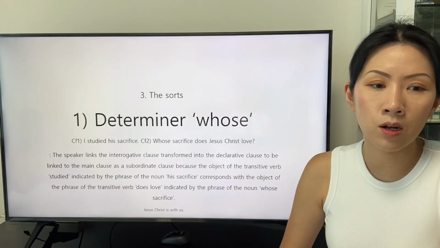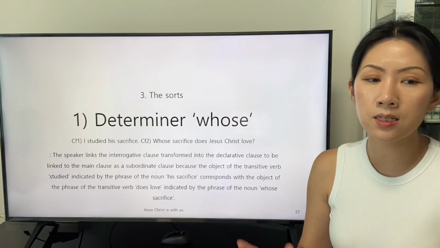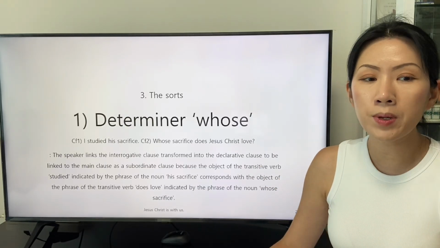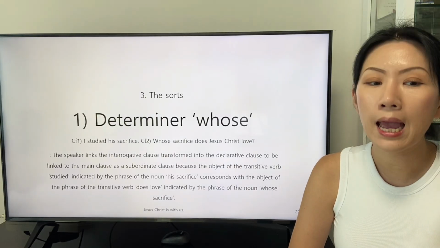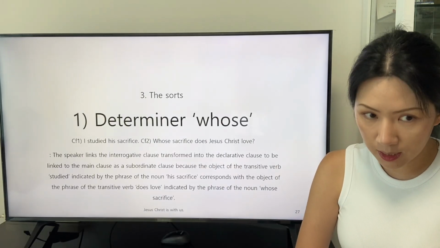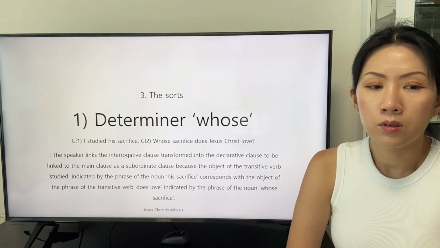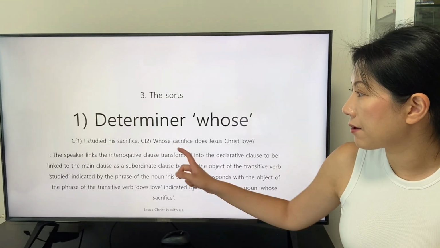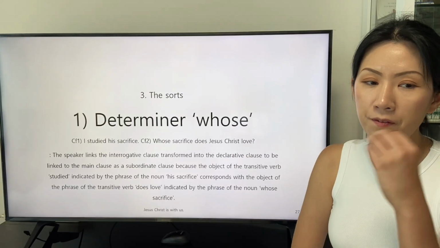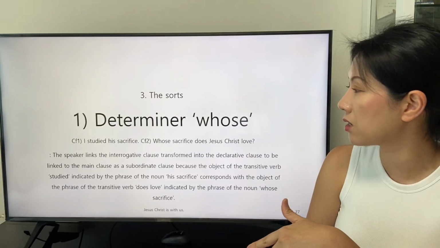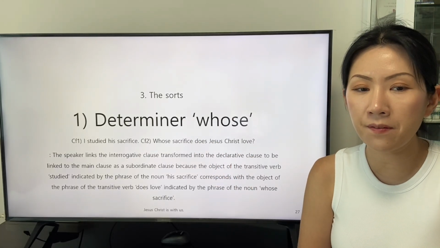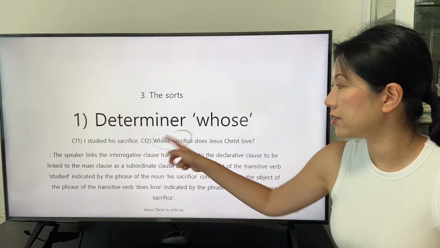The speaker links the interrogative clause transformed into the declarative clause to be linked to the main clause as a subordinate clause because the object of the transitive verb studied, indicated by the phrase of the noun his sacrifice, corresponds with the object of the phrase of the transitive verb does love, indicated by the phrase of the noun whose sacrifice.